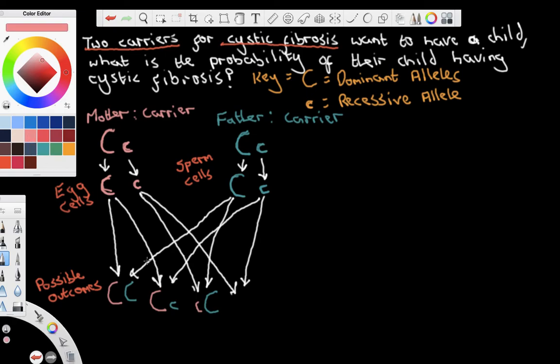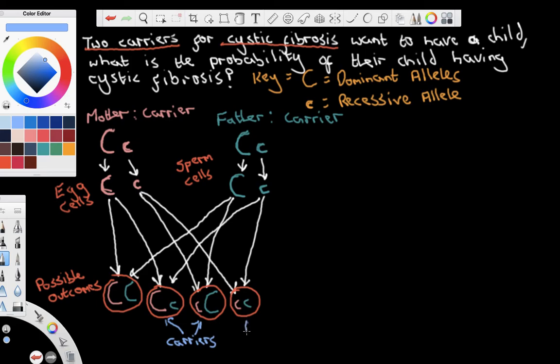But as you can see, although this is a valid way of doing it, this is very, very messy. We could neaten it up quite easily by drawing circles around our outcomes. And we could divide this up by saying that these two, this one and this one, are carriers for the illness, because they have a lowercase allele and one dominant.